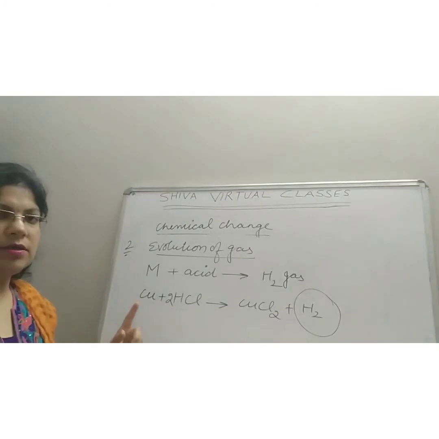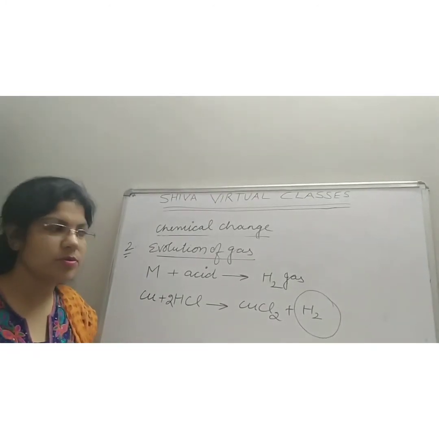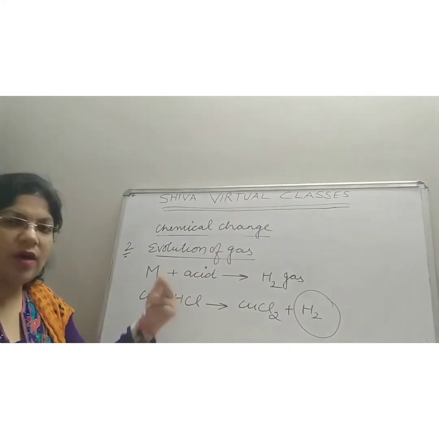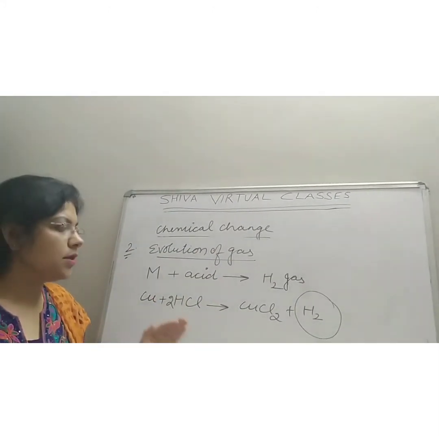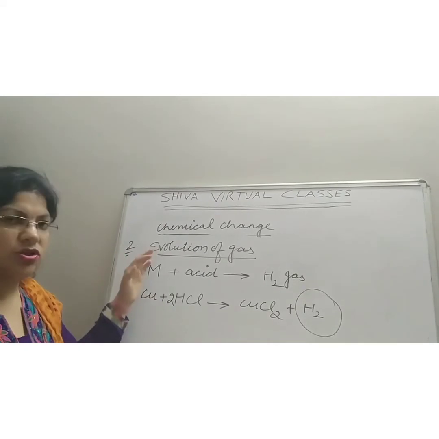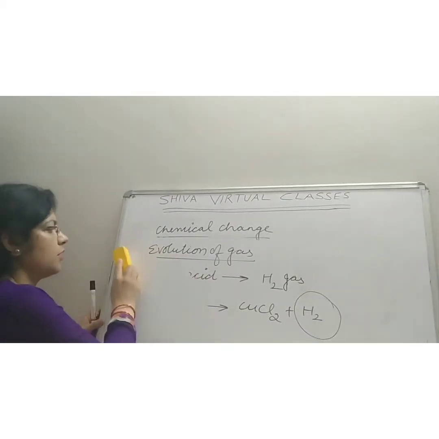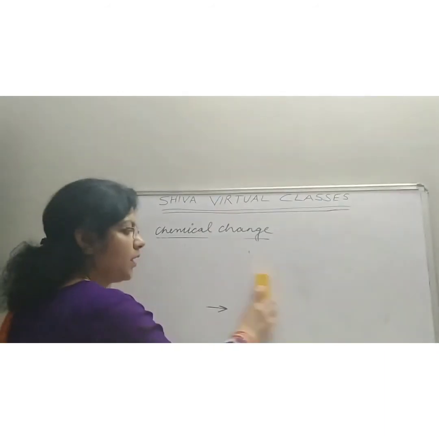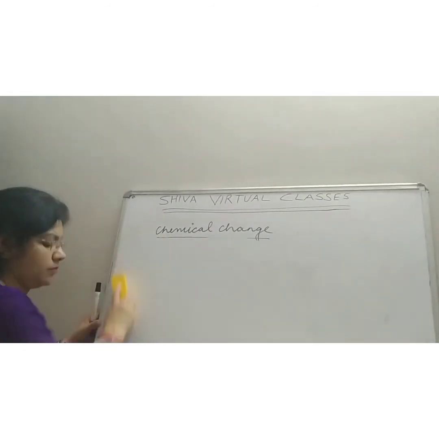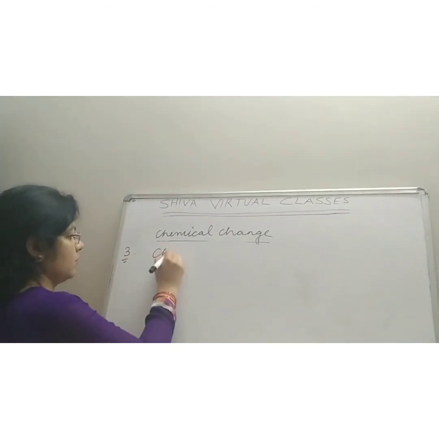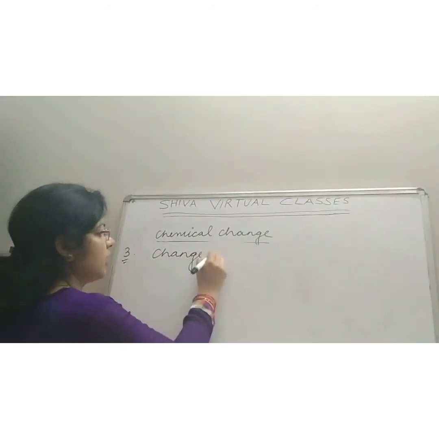First property is formation of one or more new substances. The next one is the evolution of gas. Evolution of any gas shows that chemical change takes place. The next property to show that chemical change is change in color.